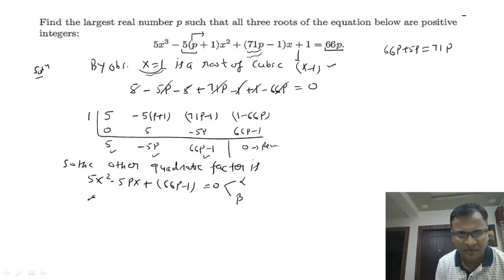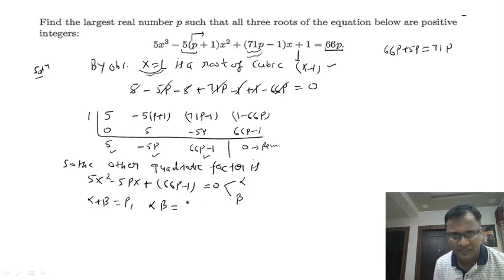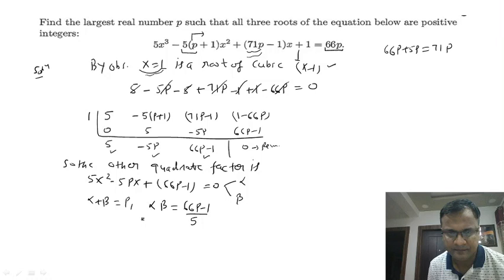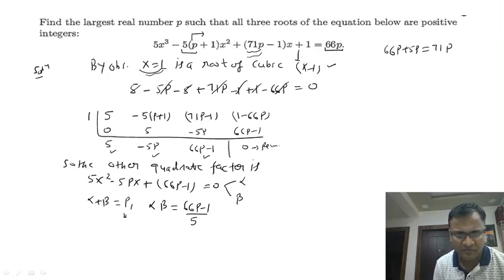At the same time, the sum of roots, minus b by a, comes out to be p. And the product of roots, alpha beta, is clearly 66p minus 1 over 5. So here there are three unknowns, alpha, beta, and p. First of all, I am going to eliminate p from these two pieces of information.